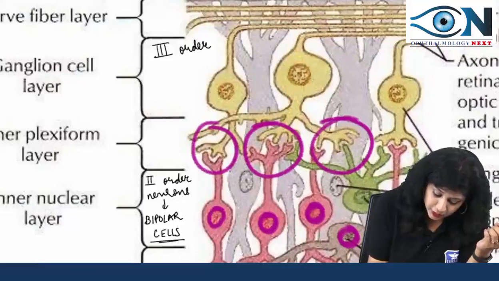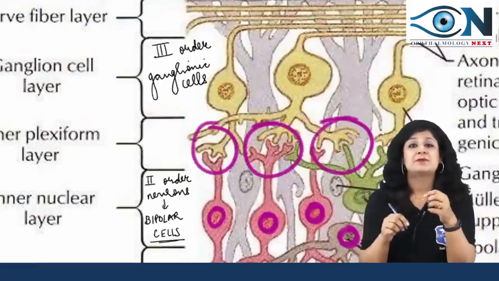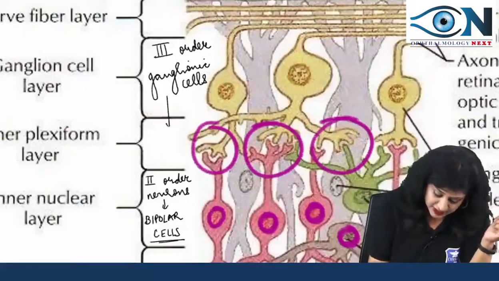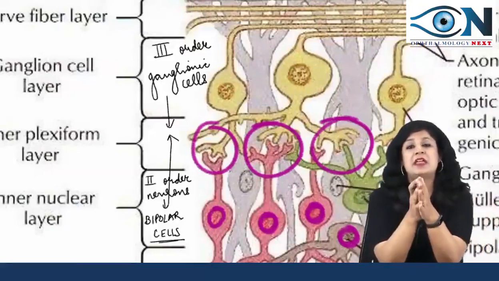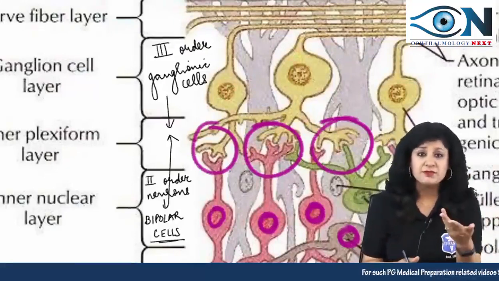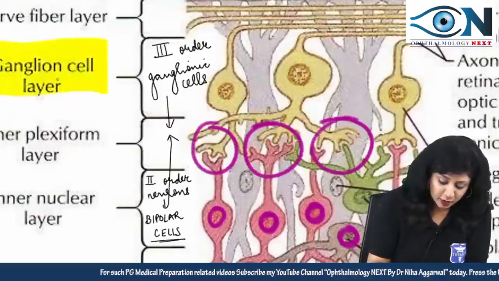The third order neurons are the ganglionic cells. So again it is very easy to remember that this synapse will be between the bipolar cells and the ganglionic cells. The ganglionic cells from here and the bipolar cells from here are synapsing and forming your inner plexiform layer. Then finally we will come to the layer of ganglionic cells.